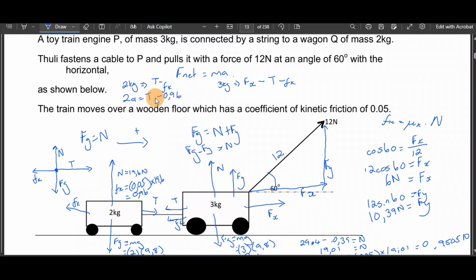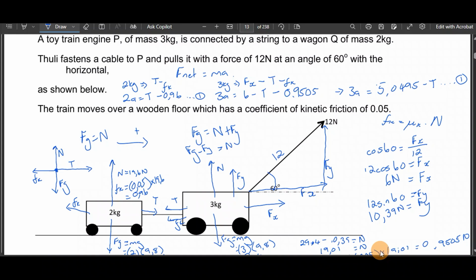And then for this one, I have 3a is equal to Fx, which I had as 6, minus T minus 0.9505, which gives me 3a is equal to 6 minus 0.95, that should be 5.0495 minus T. So I'm not rounding it off yet because I haven't reached my final. I know that my things are kind of haphazard, but I hope you're seeing where I'm writing, and where things are going.